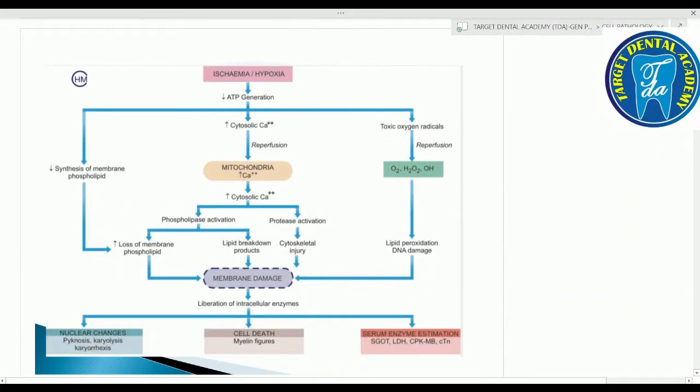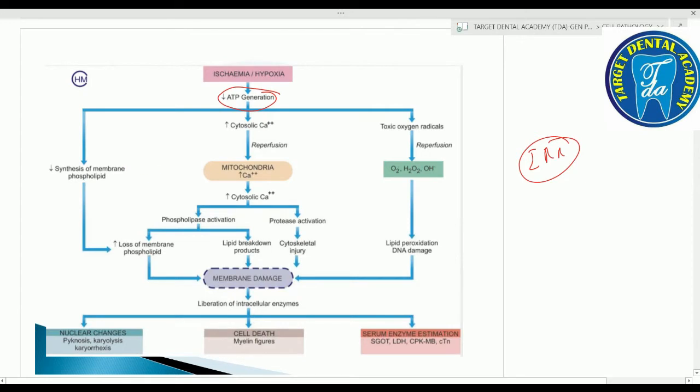See, these are the consequences, or the sequence of events, in the pathogenesis of irreversible cell injury in ischemia. When there is ischemia or hypoxia, it leads to a decrease in ATP generation, and there are three conditions.